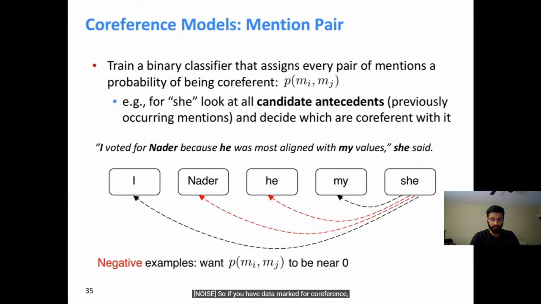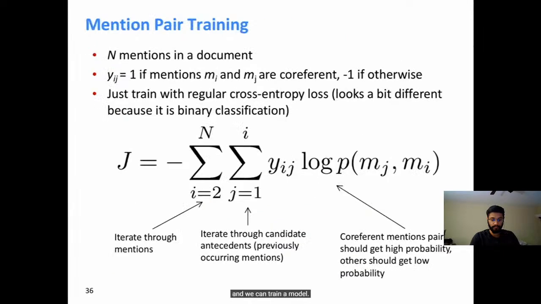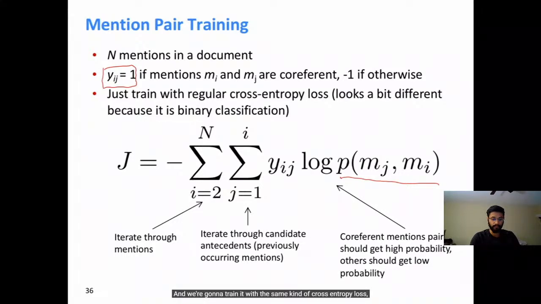So if we have data marked for coreference, we have these positive and negative examples, and we can train a model. For training, the classifier outcome is 1 or 0 based on whether two mentions are coreferent. We're going to have a coreference model that predicts the probability of them being coreferent, and we're going to train it with the same kind of cross-entropy loss we've used other places, and try to learn a model that predicts coreference.